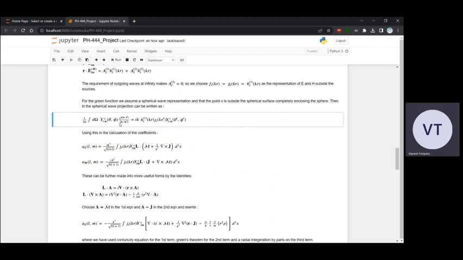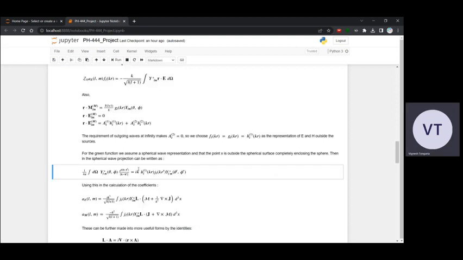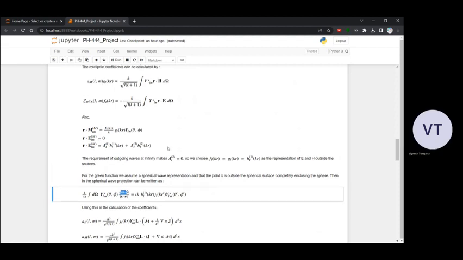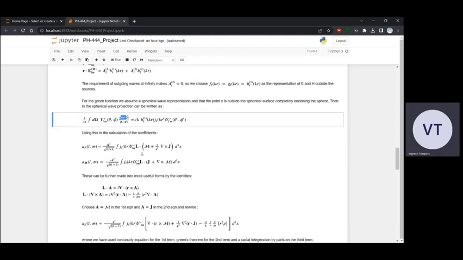Then we can take the Fourier components of these individual parts to find the value of e to the power ik|x - x'| for a particular x'. And this value would be given by this integration, and then we can replace that value here.